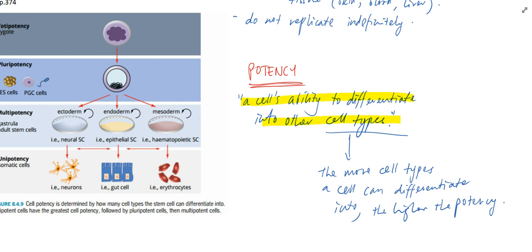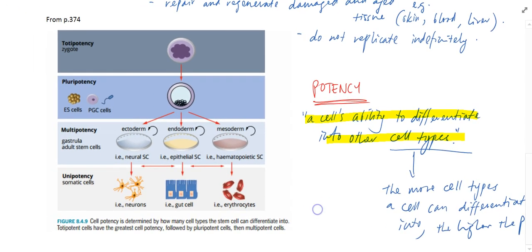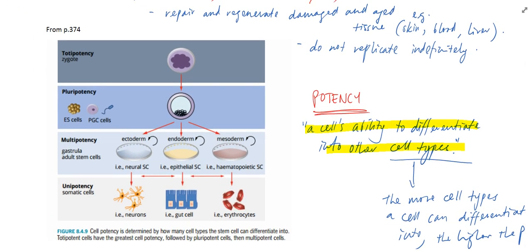All right. Now, if you look at the different levels of potency, at the top, at the highest level of potency, I'll just draw an arrow here from lowest level of potency to highest. The highest is totipotency, total potency. And we see this with the zygote.